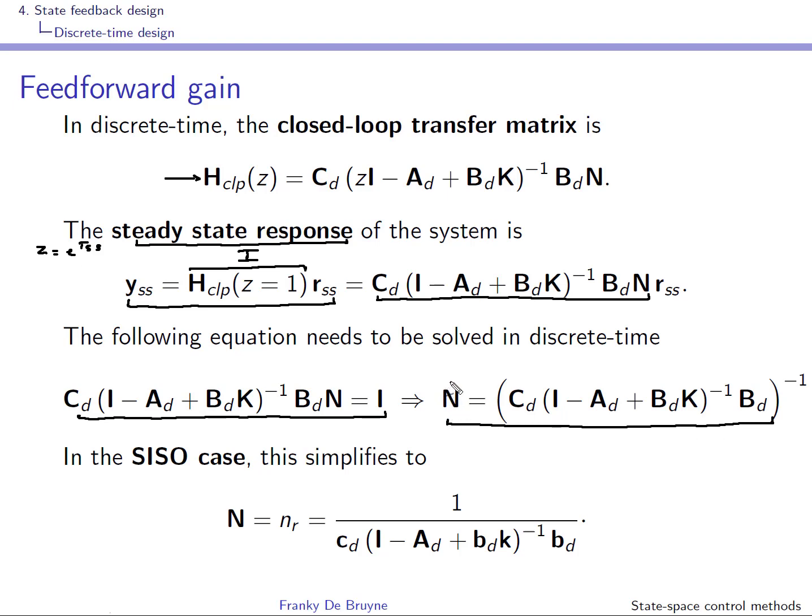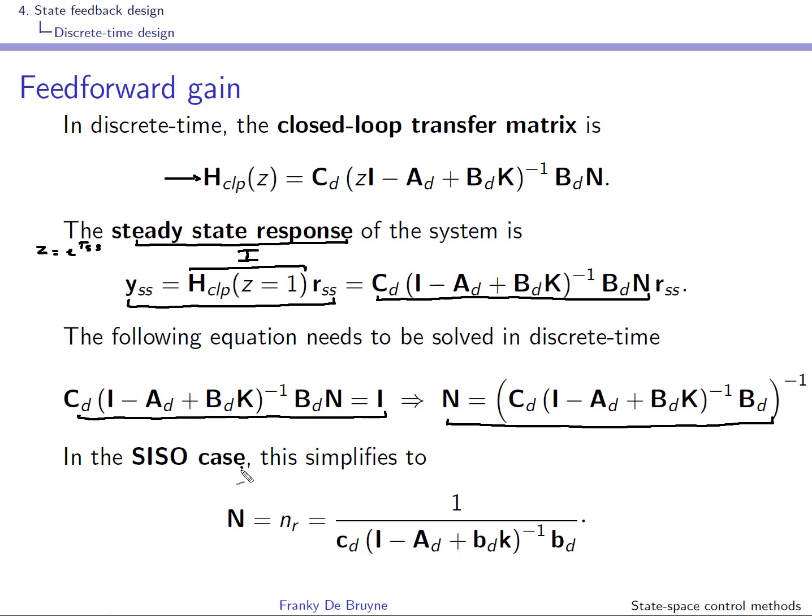And of course, this feed-forward gain is different in discrete time because we have to use the matrices AD, BD, and CD, but also the formula is different, right? In continuous time, we had s is equal to 0, and here we have z is equal to 1, so there is a difference over here. Beware not to make this mistake when you implement your feed-forward gain in discrete time.